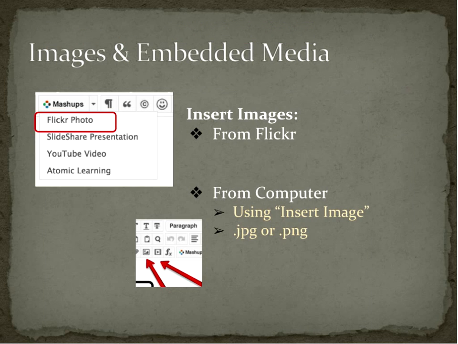So a couple of other images and embedded media points here in the mashups, we've seen this a couple times, there's a Flickr photo button. Currently, if you click that, it opens to a Flickr photo search engine, and you can put in a title or a name, and you can insert images either that you've submitted to your Flickr account and made public, or Flickr images that are there for shared or free open use.